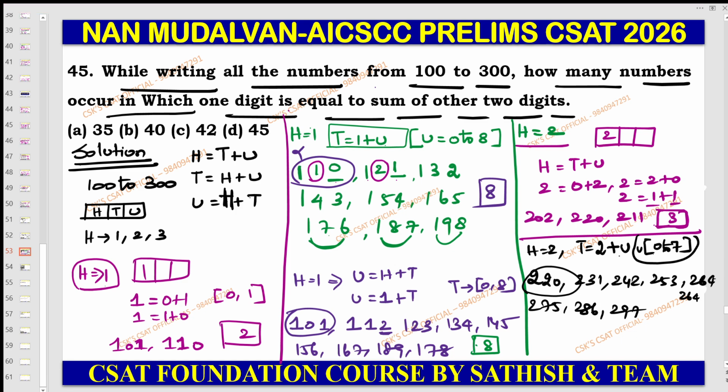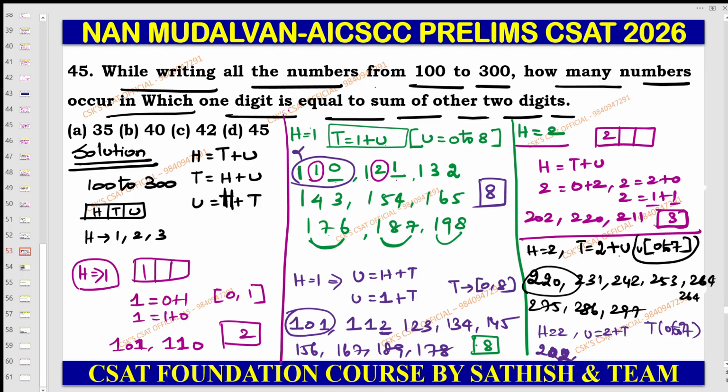Next, similarly, when h is equal to 2, the unit place is equal to 2 plus t. The same way, t takes 0 to 7. If you place a 0 here, with h equal to 2, then unit place 0 and tens place 0 make it 202.